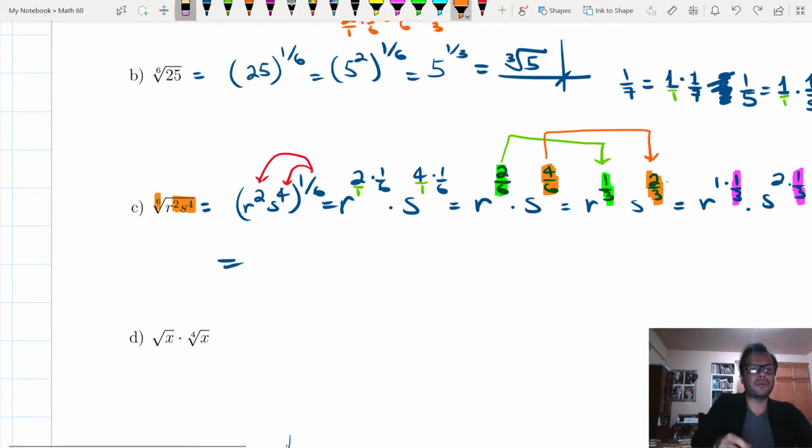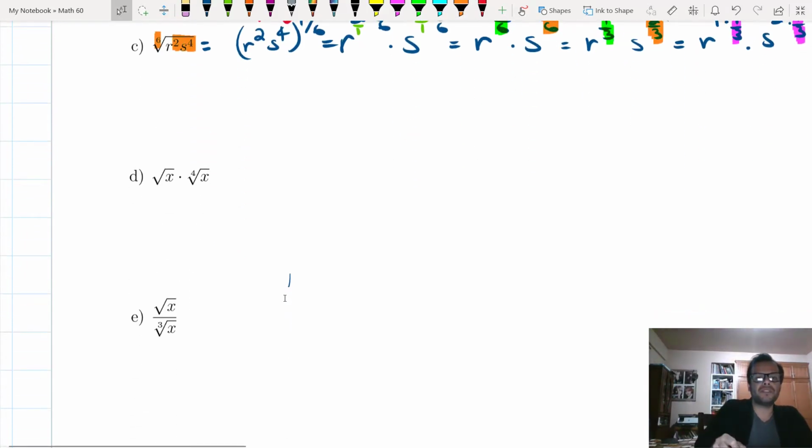Okay, let's do another one. The square root of x times the fourth root of x. So number one, let's start by writing the square root of x as x to the 1/2, and the fourth root of x as x to the 1/4.